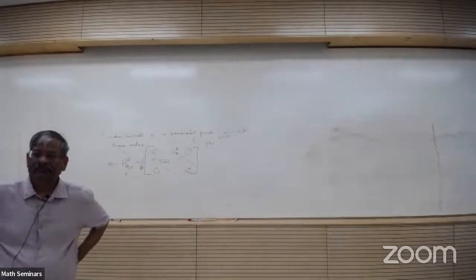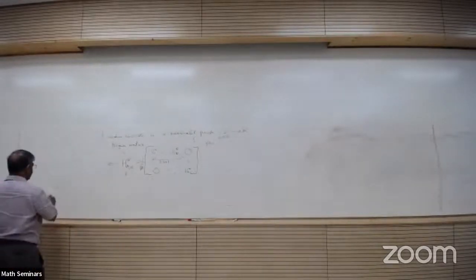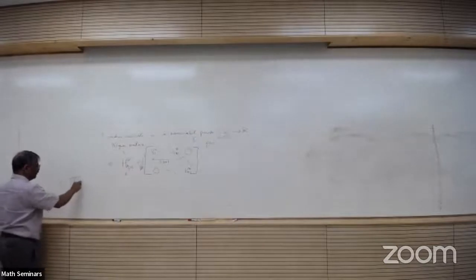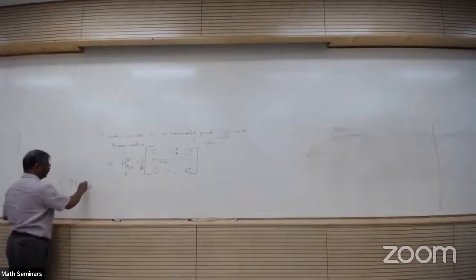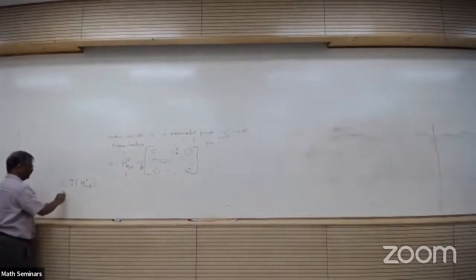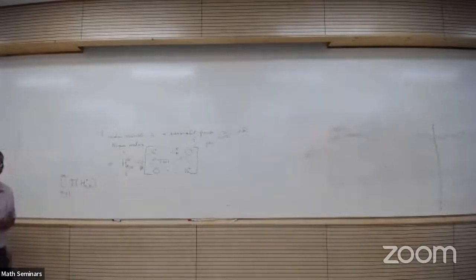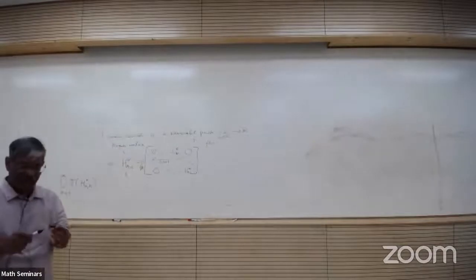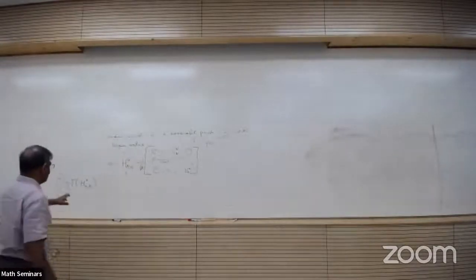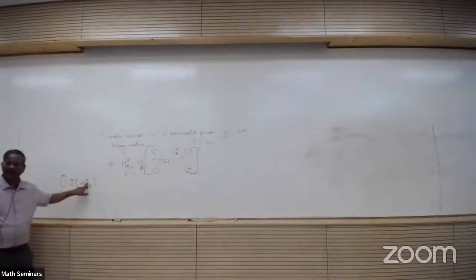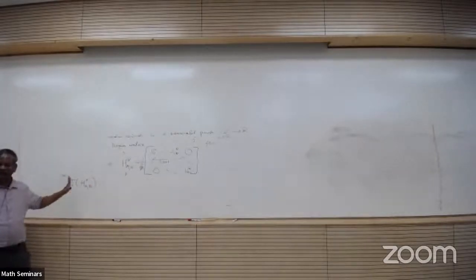So take the union of sigma of H_n W of omega as n goes to infinity. This is a subset of -2 to 2, roughly speaking, for almost every omega.